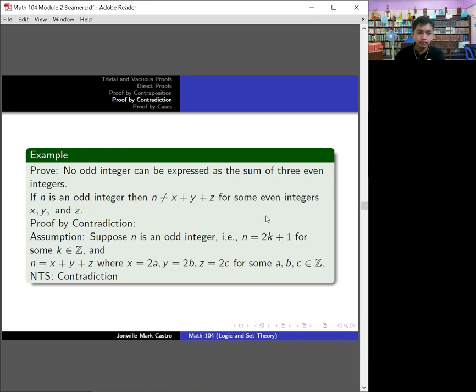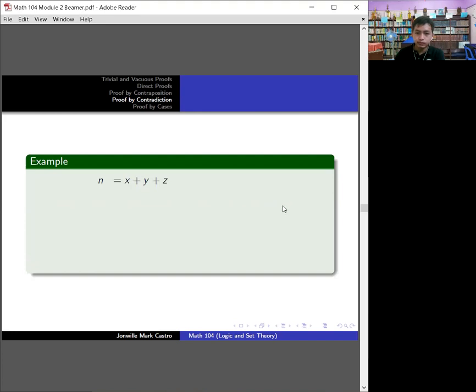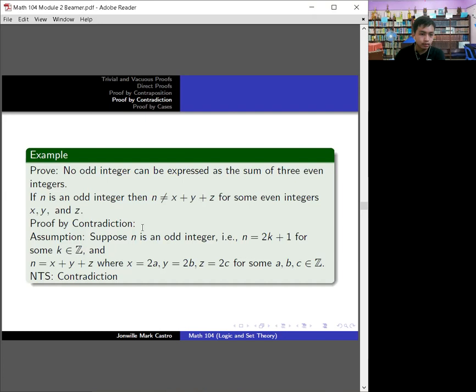Okay. So we have n is equal to x plus y plus z. Kasi nga, kasama sa assumptions natin. So ang assumptions natin, n is odd and n is equal to x plus y plus z.